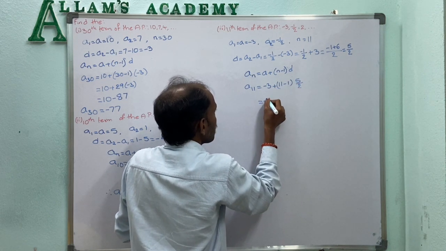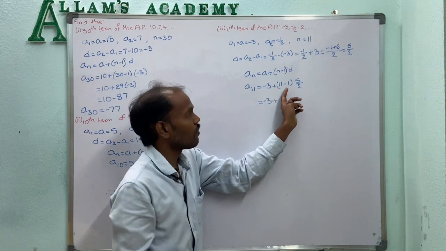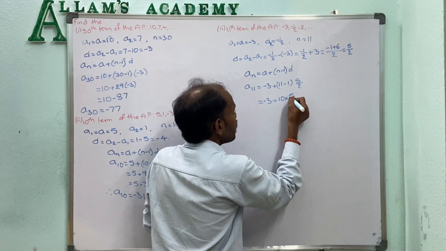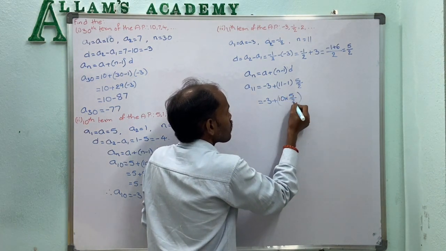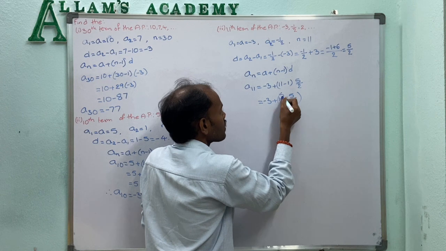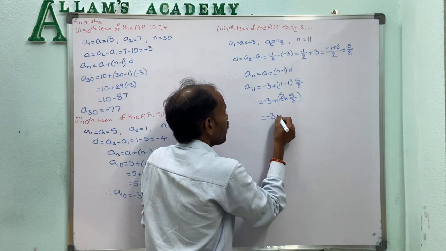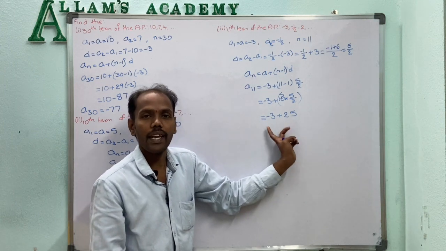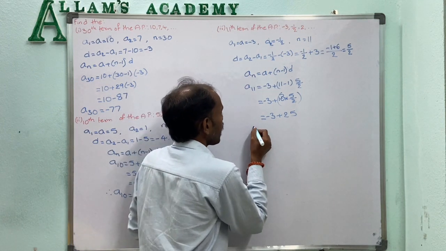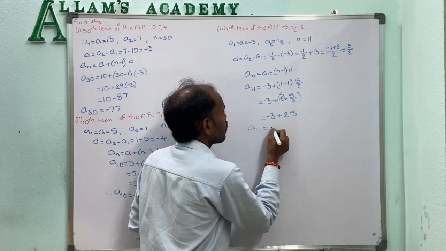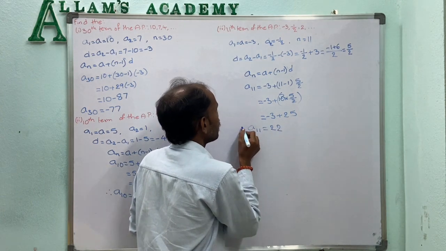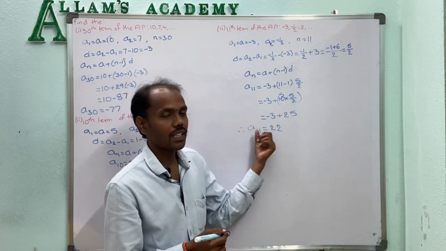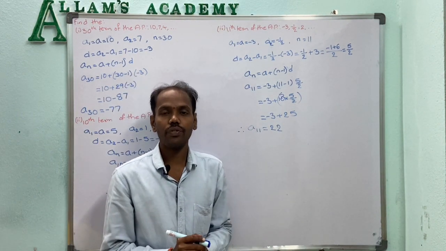So minus 3 plus 10 into the d value 5 by 2. So 2 ones are 2, 5 fives are 25. So minus 3 plus 25. Minus 3 plus 25 is nothing but 22. So the 11th term of the AP is 22.